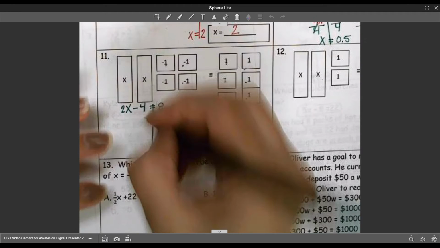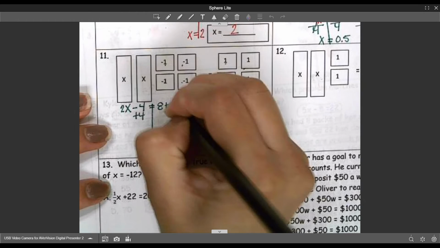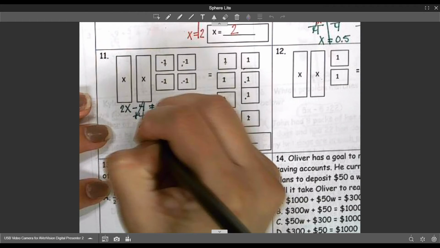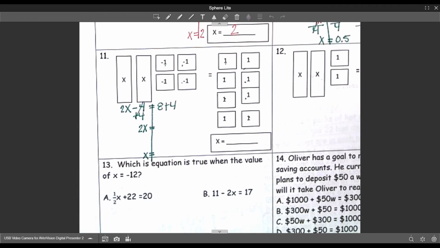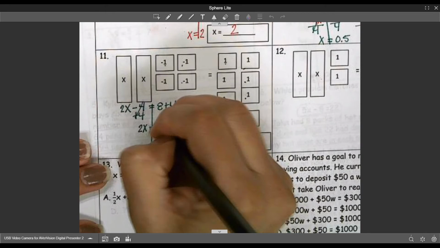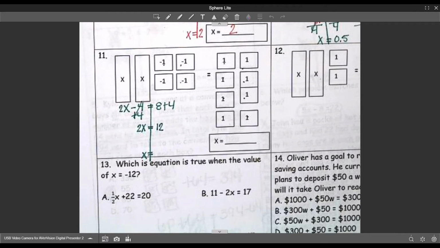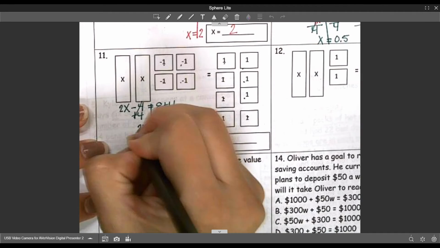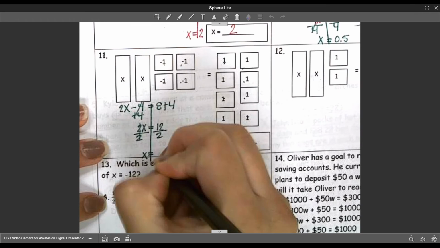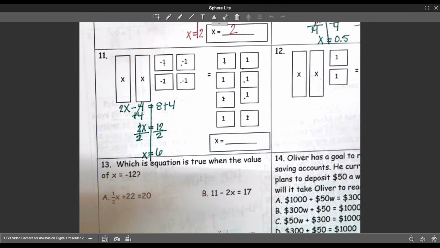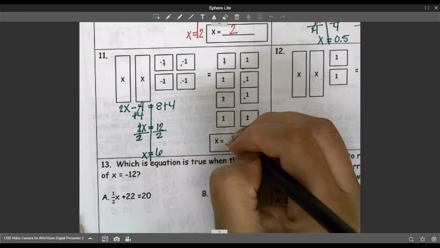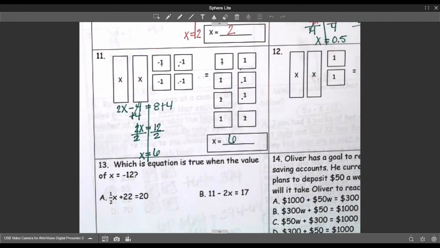Very good, by adding 4. What's 8 plus 4? Very good. 12. How do I get rid of 2? Awesome. Dividing by 2, which is the opposite, right? So X is equal to 6. You guys are doing great.